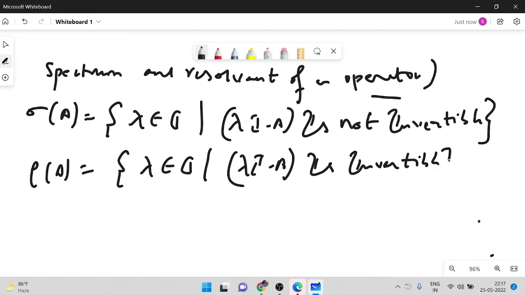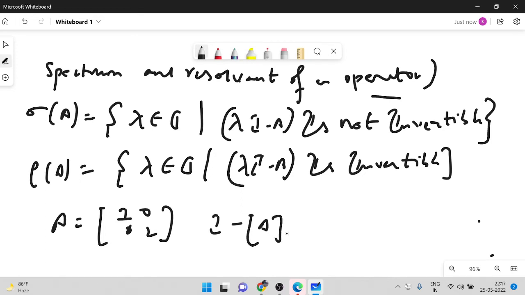Now I'll give an example. Say you have a matrix A. This is an operator. It takes an element from R2 and gives out an element in R2. So now you take this A. The identity matrix minus A is basically 0, 0, 0, minus 2. This is not invertible, right?